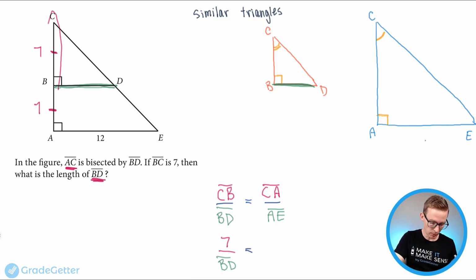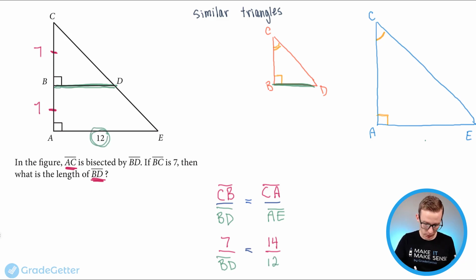So line BC equals the distance of line AB. That's what bisect means. So line AC or CA, again the order of the letters doesn't matter, is 14, and that is over the length of line AE, which they give to us down here is 12.